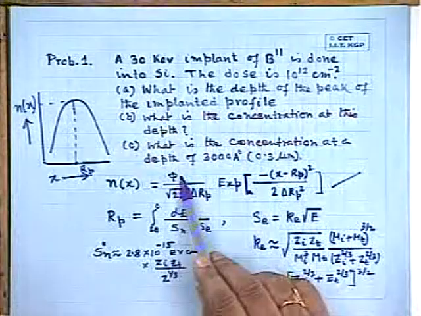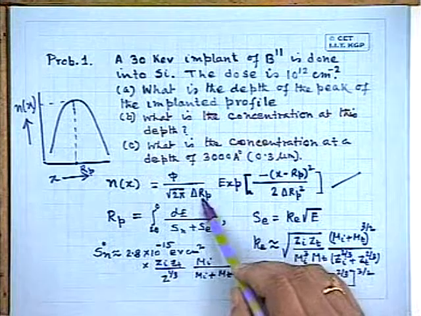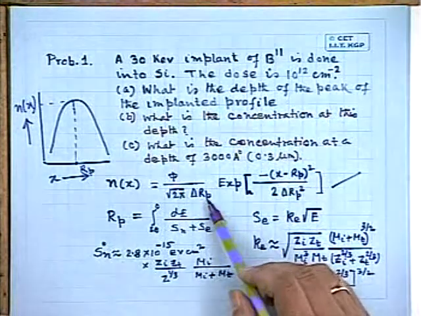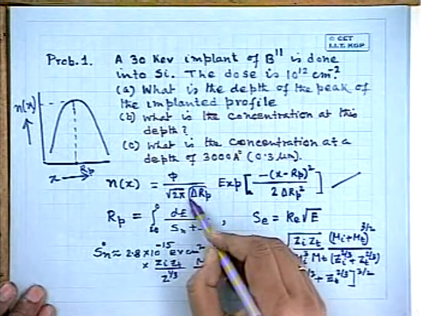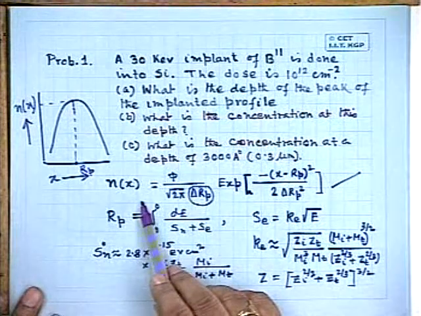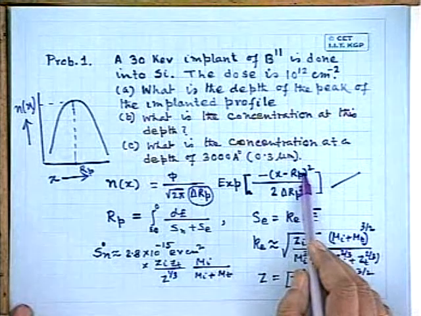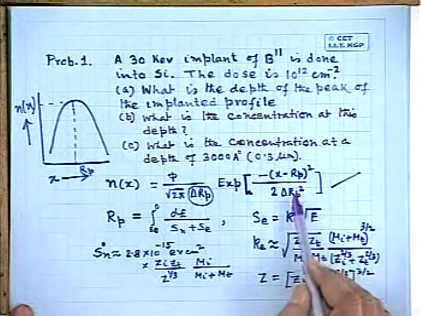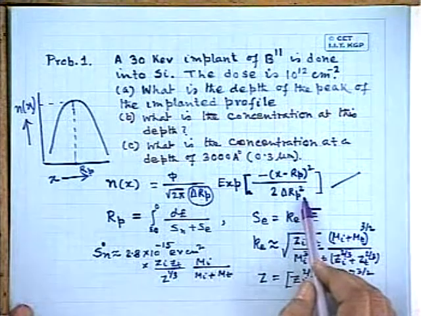So here, what is phi? Phi is the dose, Rp is the range, and delta Rp is the projected range straggle. So this expression contains the dose term, the range and the projected range straggle, which is delta Rp.